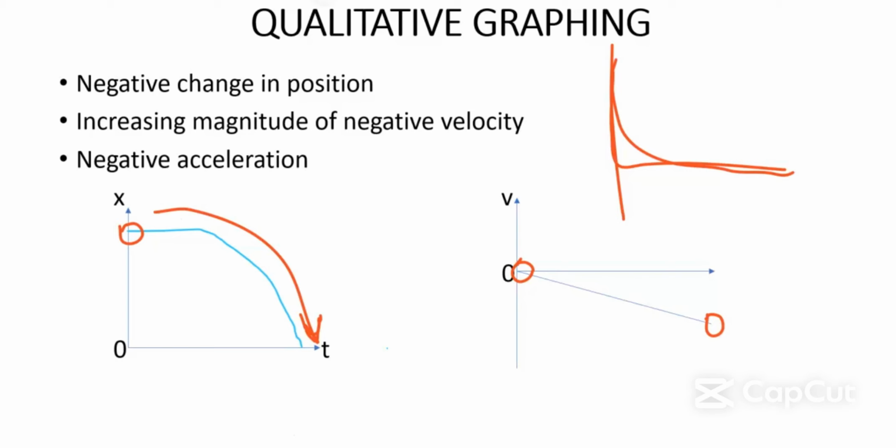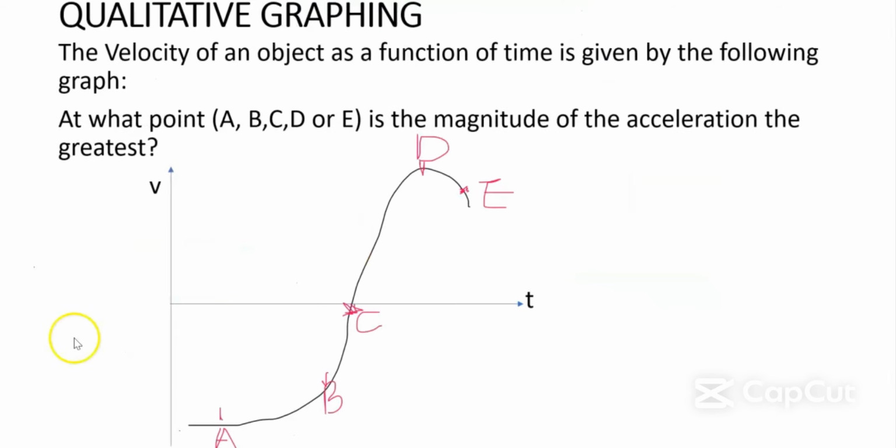So with all of these that we've done today, let's look at an example. This example is qualitative graphing. This example says the velocity of an object as a function of time is given by this graph.